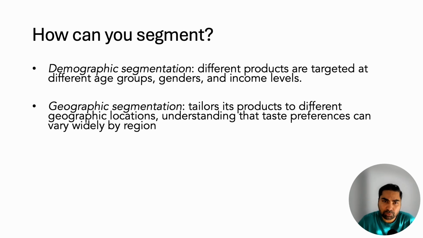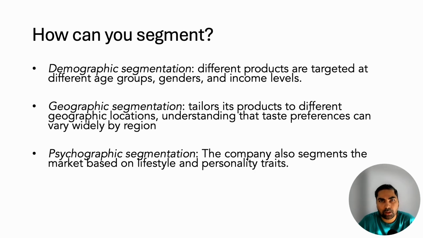Then comes the next type of segmentation, which can provide a lot of value to firms. It's called psychographic segmentation. You can segment based on customers' lifestyles and personality traits. So if you have access to customer data on their personality traits, and you can identify customers with different personality traits, then you can segment those customers.